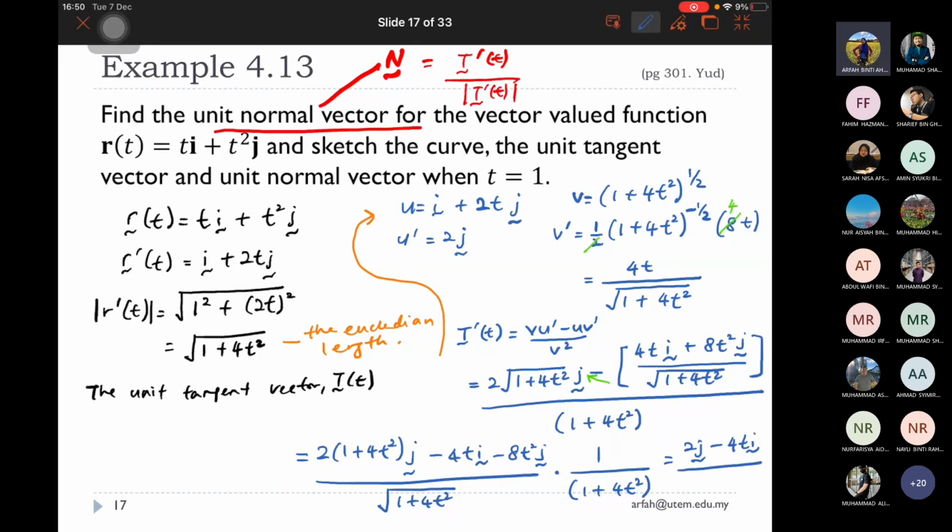Bawah tu akan jadi kuasa 3/2, 1 tambah 4t squared kuasa 3/2. So ini adalah derivative of vector T. Tapi belum settle lagi sebab kita nak guna this one untuk dapatkan vector N.